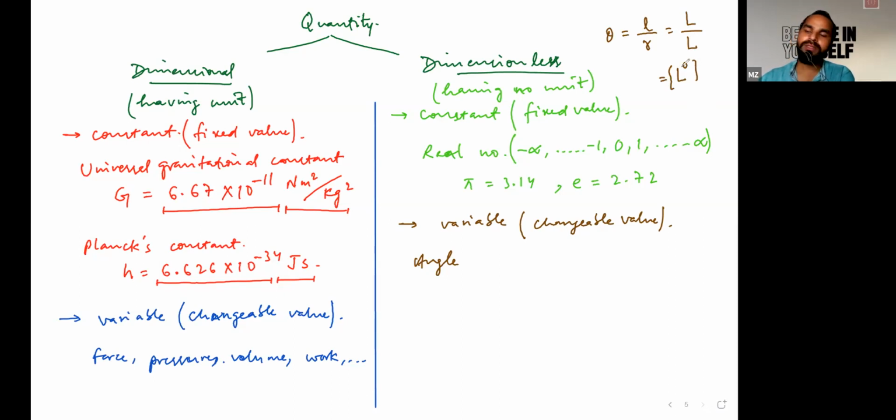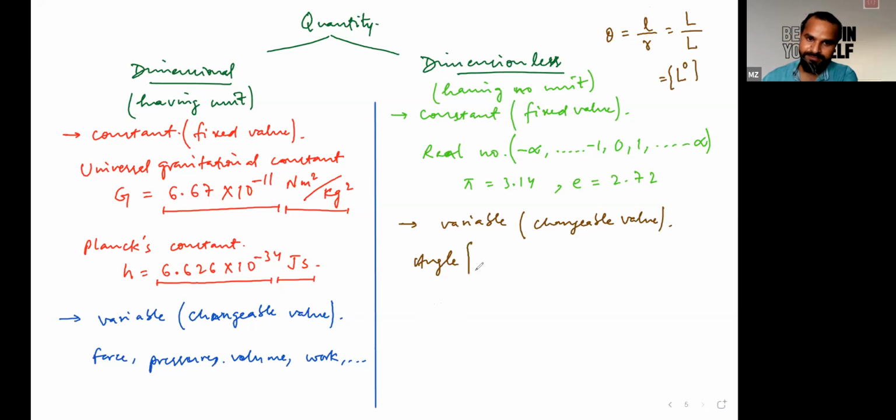That's why we express supplementary quantities, in which we define angle or solid angle, in a separate category called supplementary quantity. Okay. So just see here, angle is a dimensionless term and its value would change from problem to problem depending upon the length of arc and radius related to that particular circular problem.